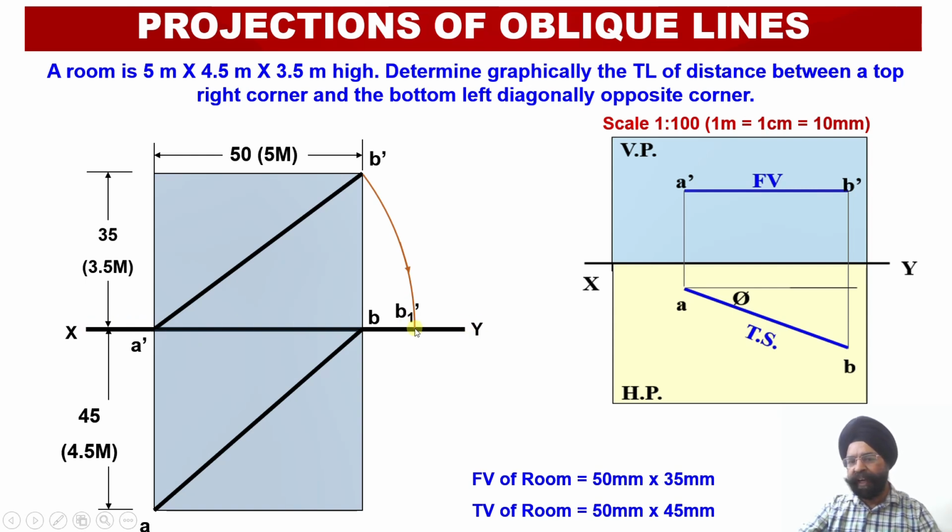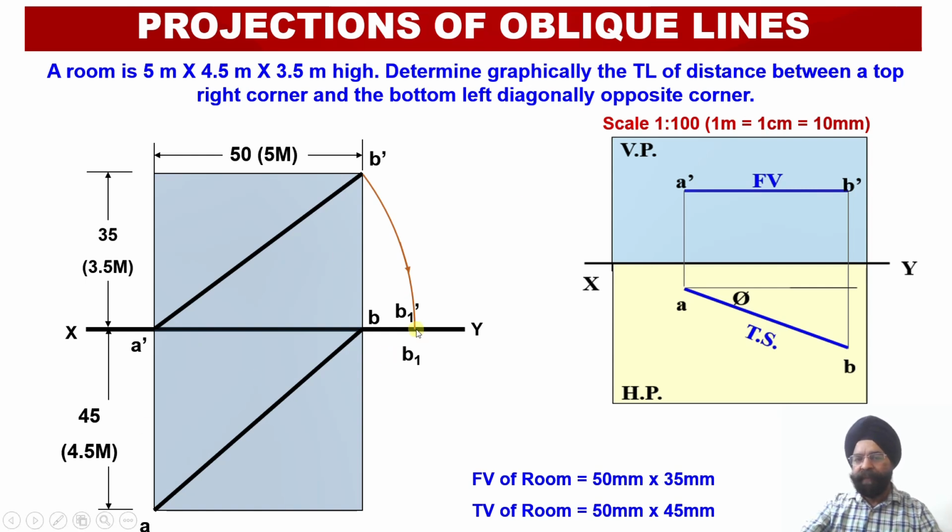So when I drop the perpendicular from B1 dash onto the locus line of the point B, we will obtain that the second point B1 will be located on the XY line itself over here.